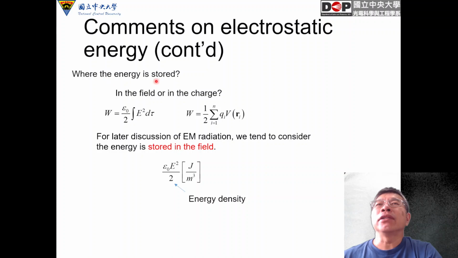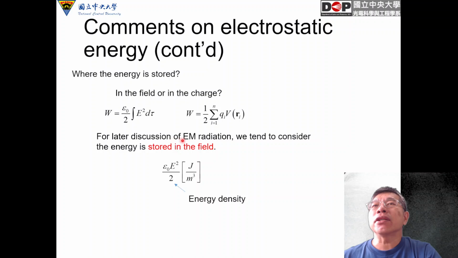Okay, where is the energy stored? Like we said, is it in the field or in the charge? In this one, it seems like the energy is stored in the field itself. And in this one, it seems like the location of the charge stores the energy.